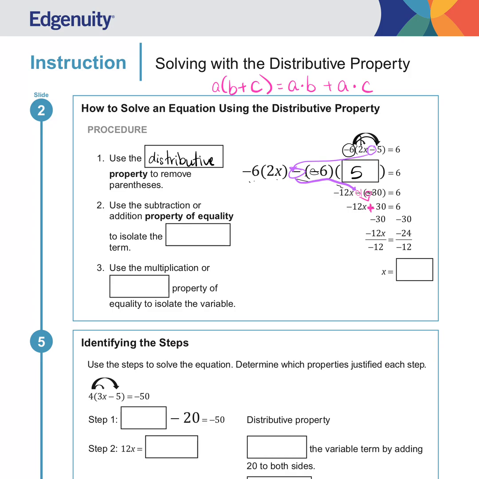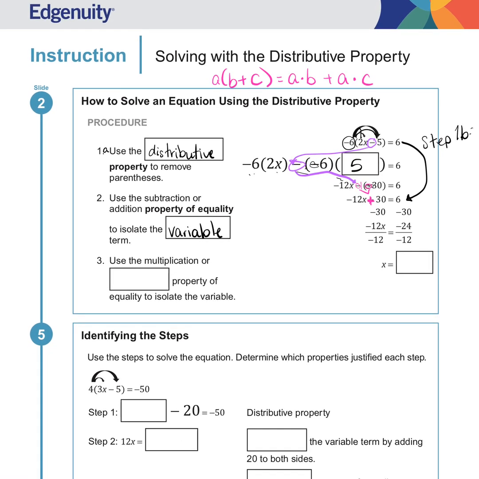So now we are going to use the subtraction or addition property of equality to isolate the variable term. So it looks like they did a lot of steps to get from here to our actual step 2. And we'll call it 1a, and this would be 1b.